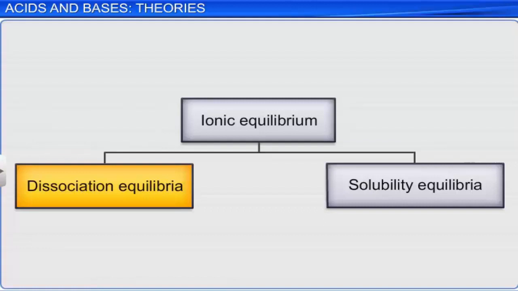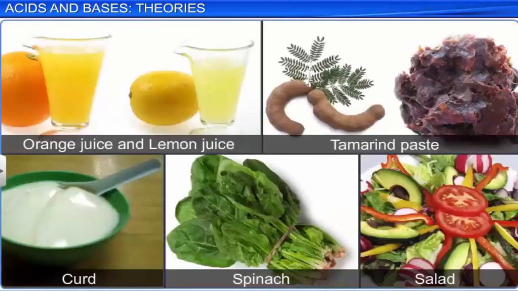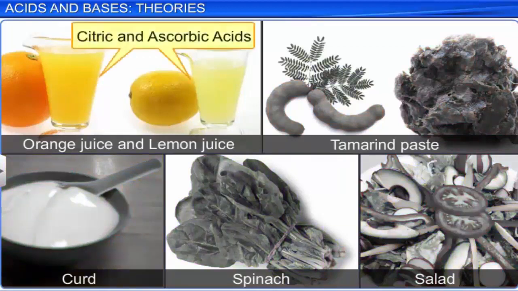We deal with many acids, bases and salts in our daily lives. Even some food items contain acids. For example, orange juice and lemon juice contain citric and ascorbic acids. Tamarind paste contains tartaric acid.